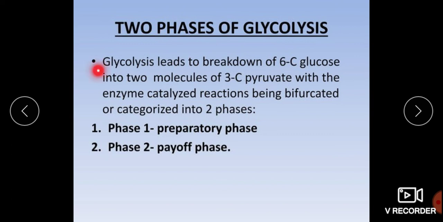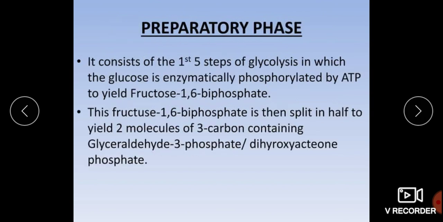Glycolysis leads to breakdown of a 6 carbon glucose into 2 molecules of 3 carbon pyruvic acid. A number of enzymes play a role in this conversion, and these reactions are bifurcated into two phases. Phase first is called the preparatory phase and phase second is called the payoff phase.